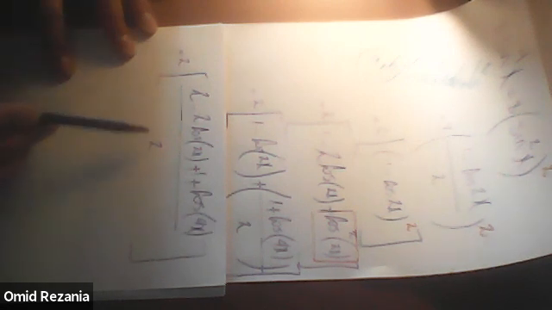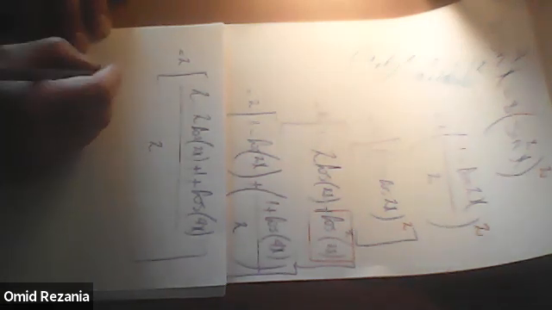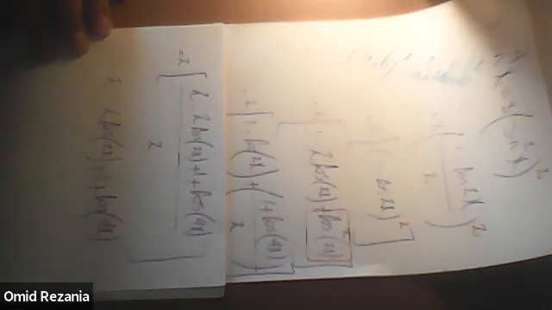Then simply you see that these 2 and these 2 are going to be gone. Then I'm left with what? Then I'm left with 2 minus 2 times cosine of 2x plus 1 plus cosine of 4x.